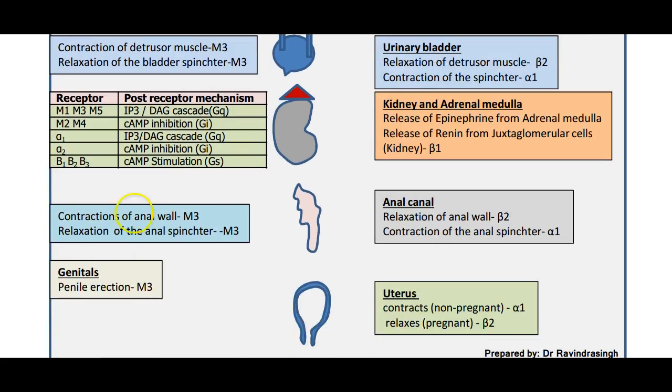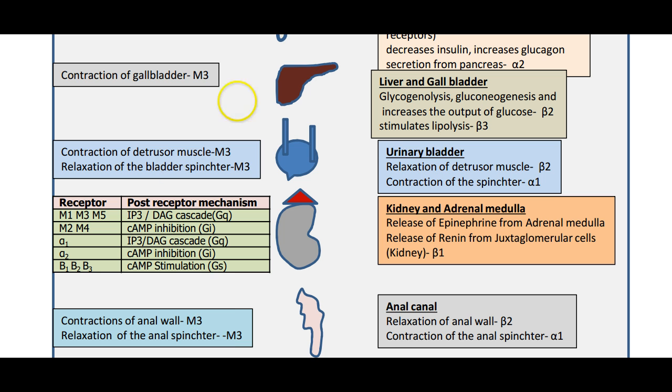And even M3 receptor which is present in the anal wall causes contraction of the anal wall, and also causes contraction of the urinary bladder. But at the same time, these M3 receptors are also present in the sphincters like bladder sphincter and anal sphincter, where it causes relaxation of these sphincters.